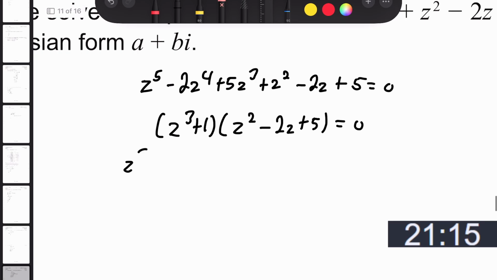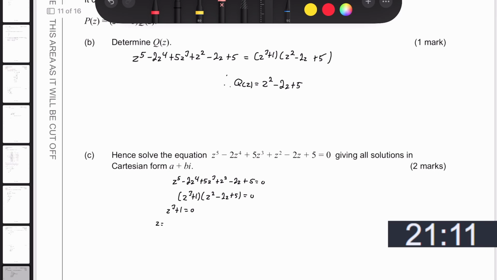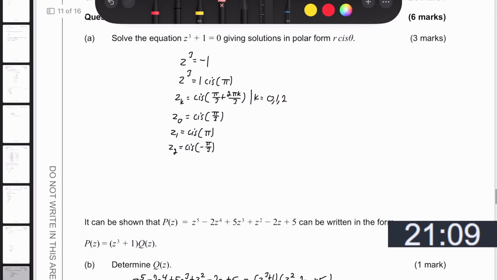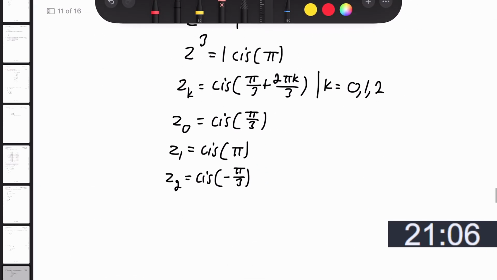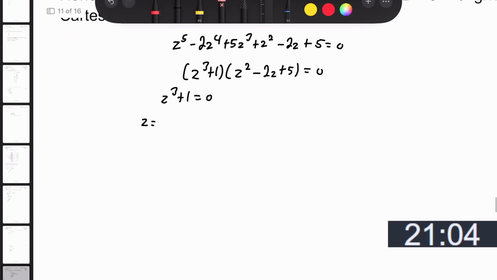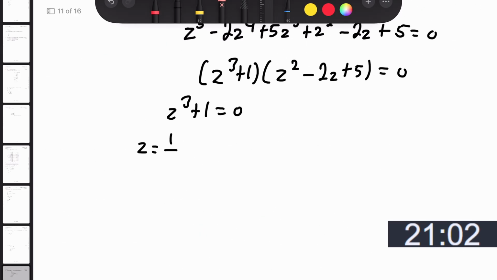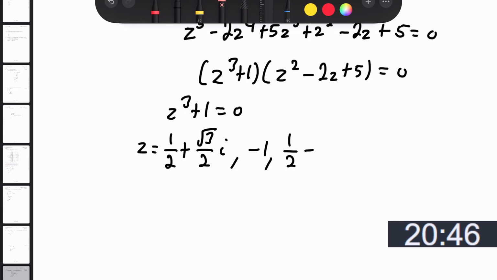From z to the power of 3 plus 1 equals 0, I know that z is going to equal cis of pi on 3. Pi on 3 is 60 degrees, so it's going to be a half plus square root of 3 on 2 i, negative 1, and the negative of this, so a half minus square root of 3 on 2 i.